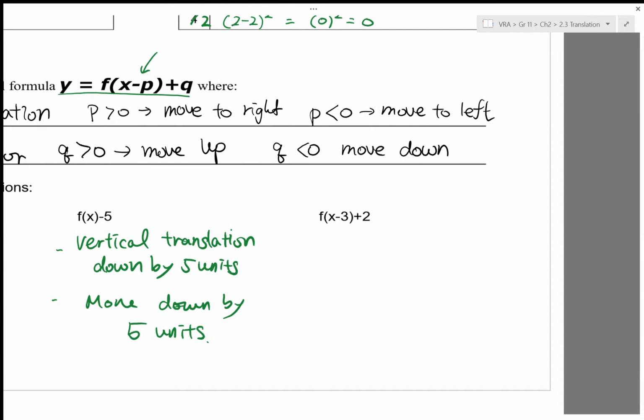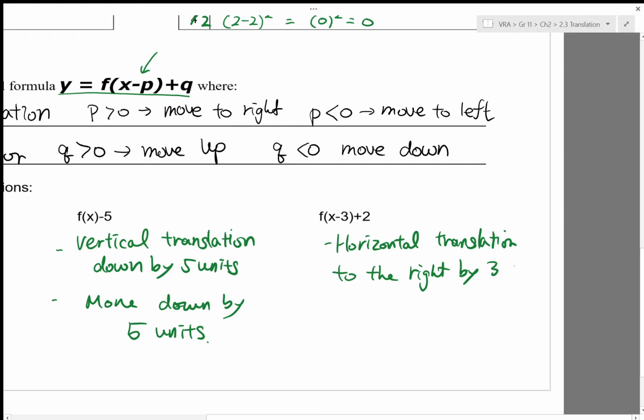Now, if you take a look at the last one, we have a horizontal translation to the right by 3 units. So hopefully you get used to this, right? We have a -3, meaning you're moving to the right.